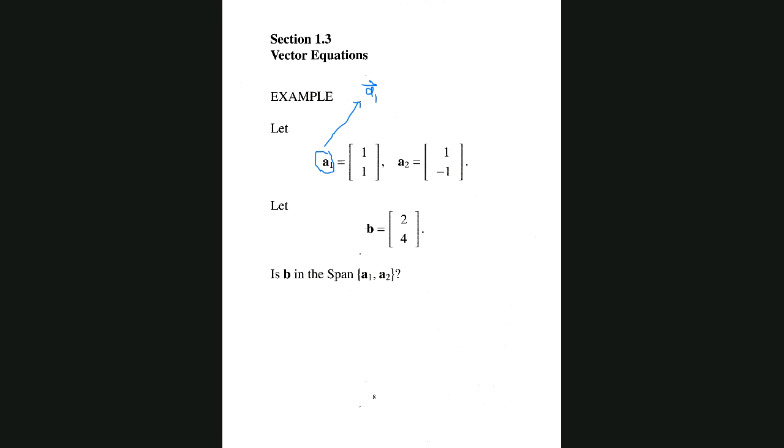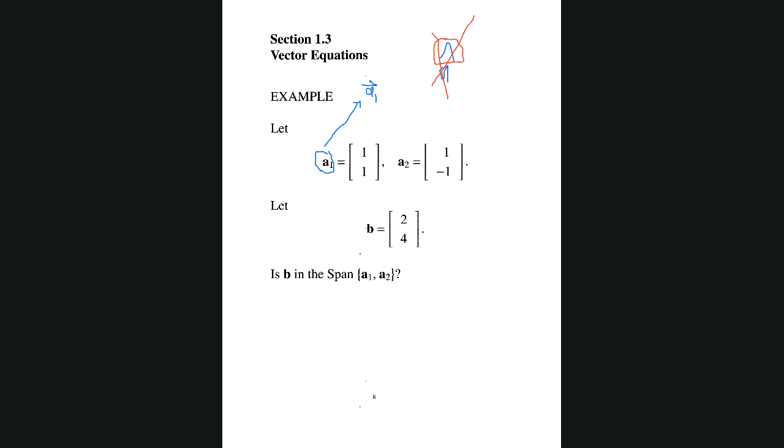I don't want this symbol. I know this symbol has been used, how many have seen this symbol for a vector? Kind of the upside, yeah, in calculus, but we are not going to use that here because we're going to need this symbol later on when we look at some statistics applications. So we're not going to use that notation. I want you to use the vector notation, this.